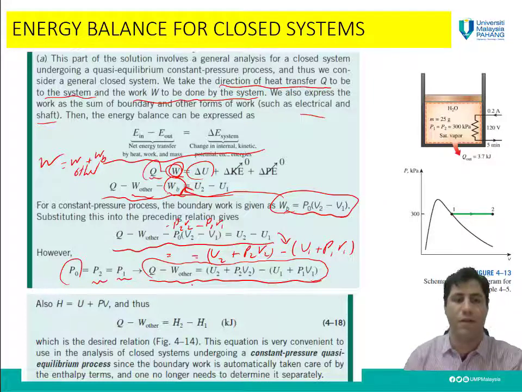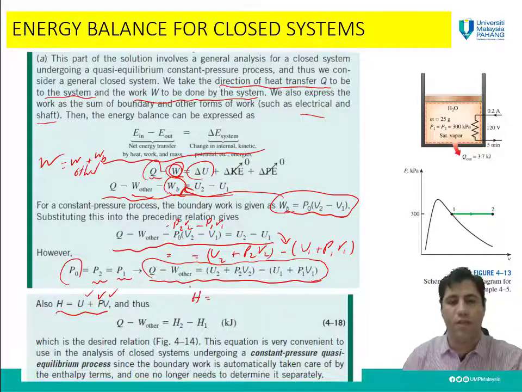And if you remember, for enthalpy or H, we had this equation H equal to U plus PV, or we can find H as the combined properties of a system if we know the internal energy of the system, and also pressure and volume of that. So if you notice here, this will be H2, this will be H1.